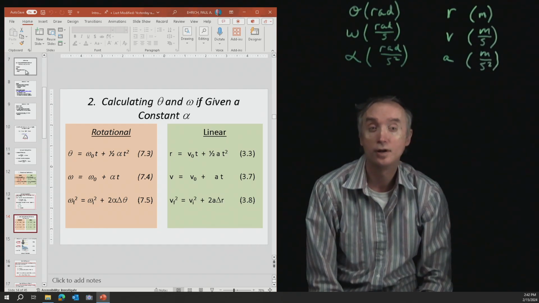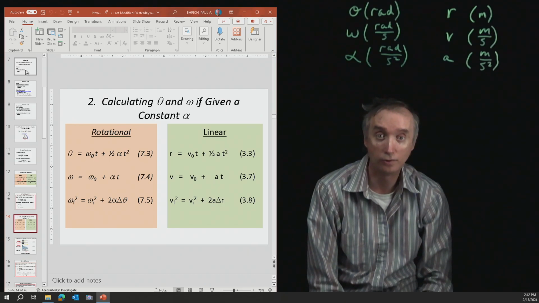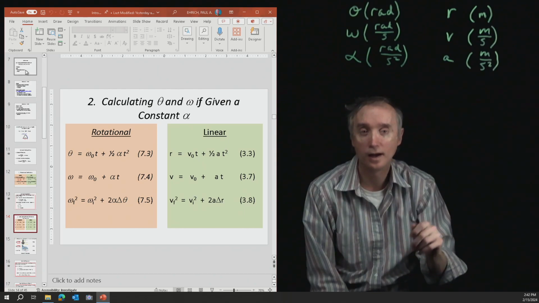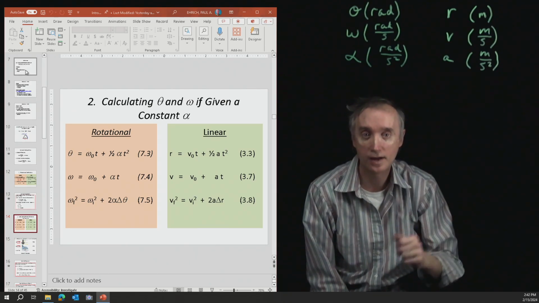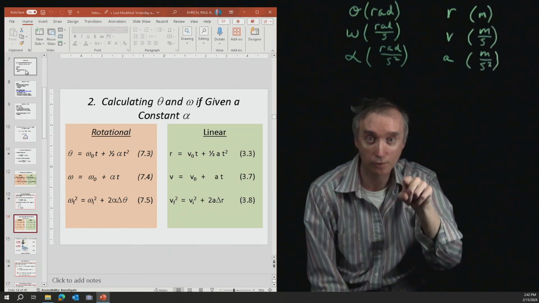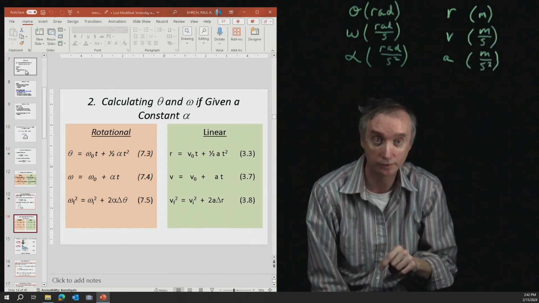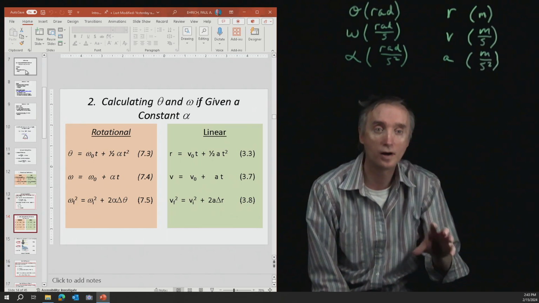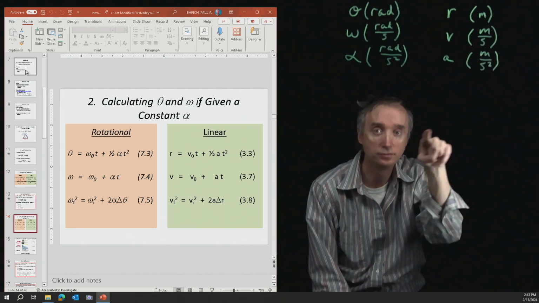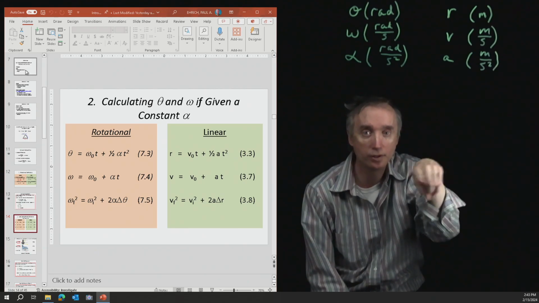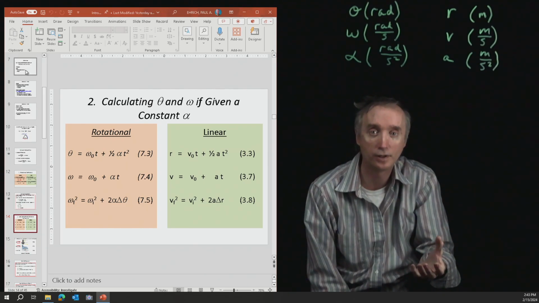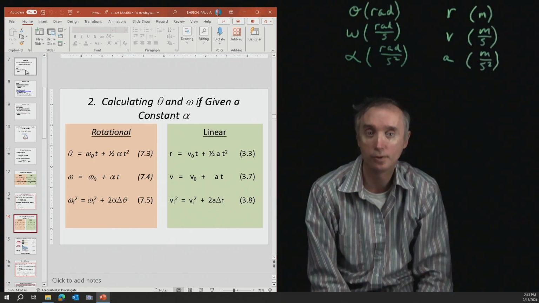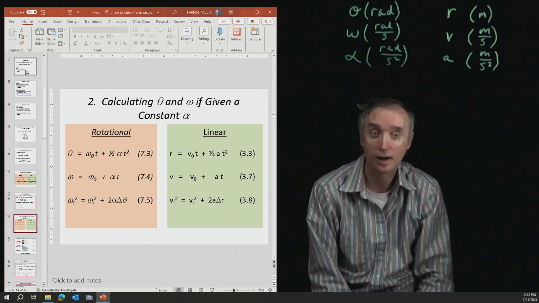Okay, now you should know, though, how to use the linear how far and the linear how fast equations, the ones that are in green. So equation 3.3 and 3.7. You should already know how to use those. But we could solve problems in which you've got a spinning wheel and you wanted to know how many times would it go around, how fast would it be going, and we could do that by using the rotational counterparts to the linear how far and the linear how fast equations.